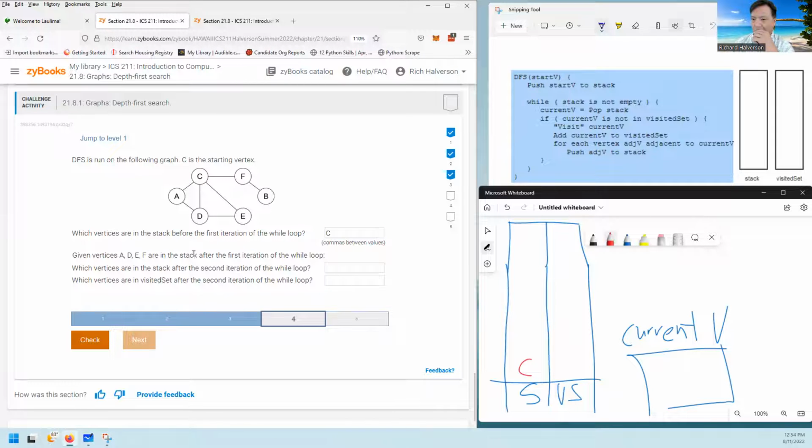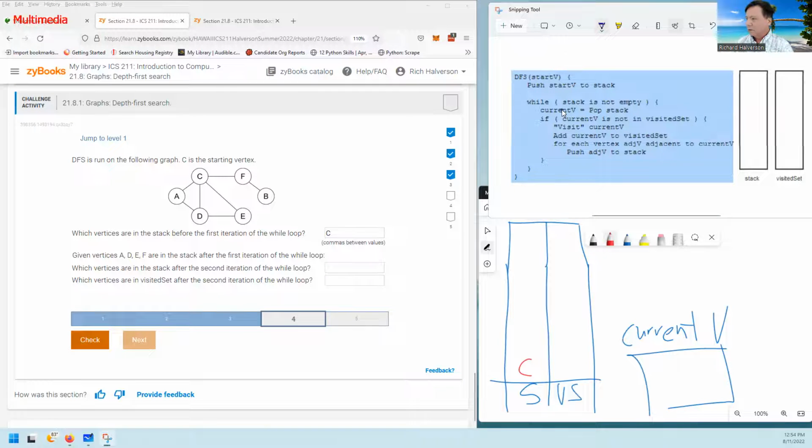Okay. Now, given vertices A, D, E, F are in the stack after the first iteration of the while loop. Yes, because after the first iteration, C goes here, and C is not in the visited list, so C goes into the visited list.